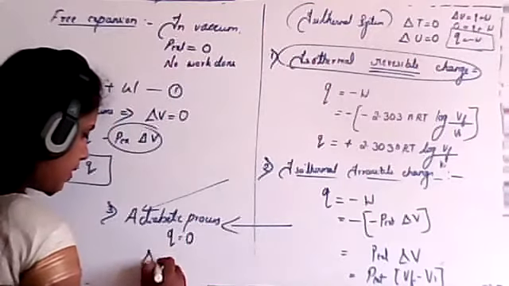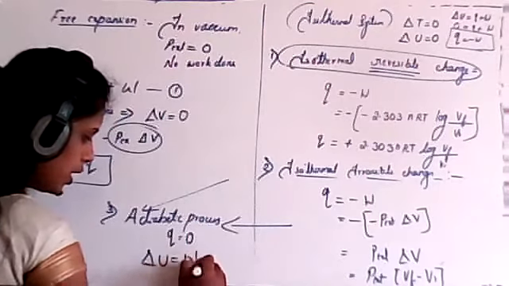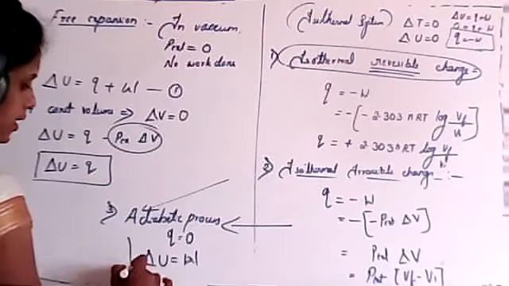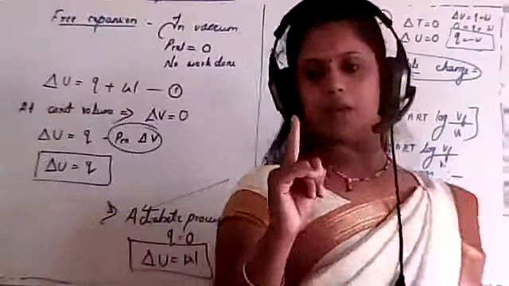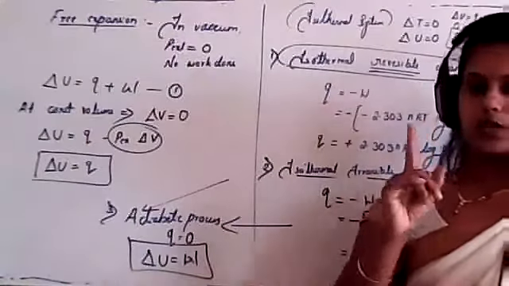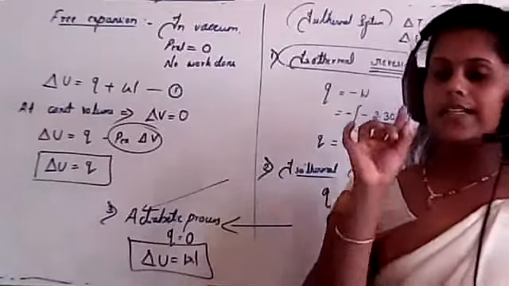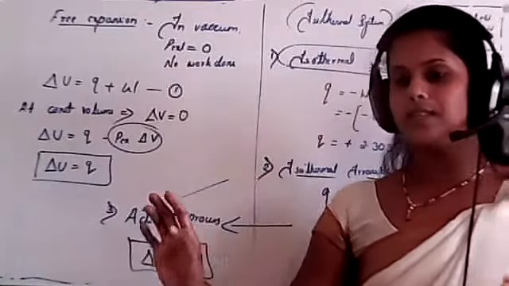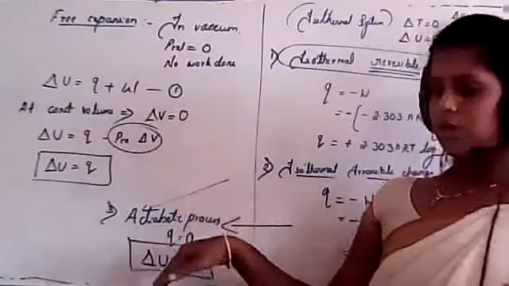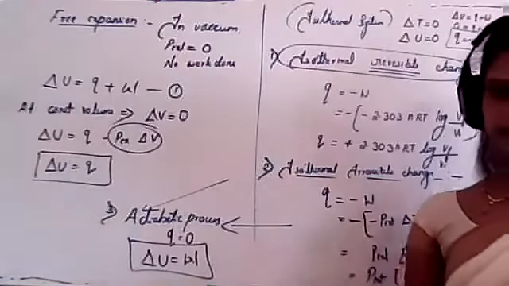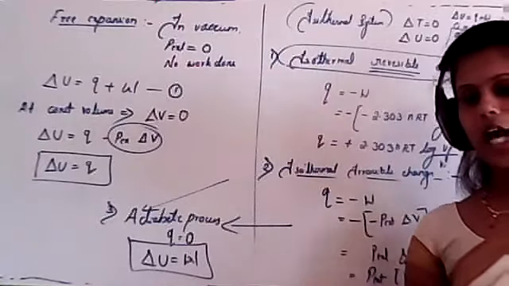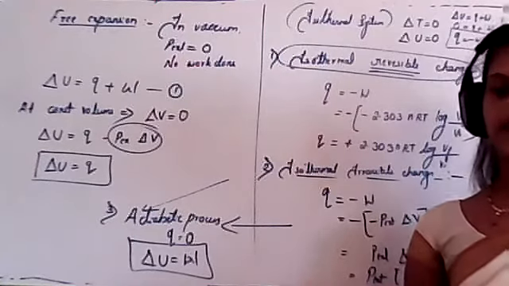Therefore, delta U is equal to W. Is it clear? We got only one expression. That is nothing but your thermodynamic first law, delta U equals Q plus W. From that, we can just derive all these expressions. Is it clear?